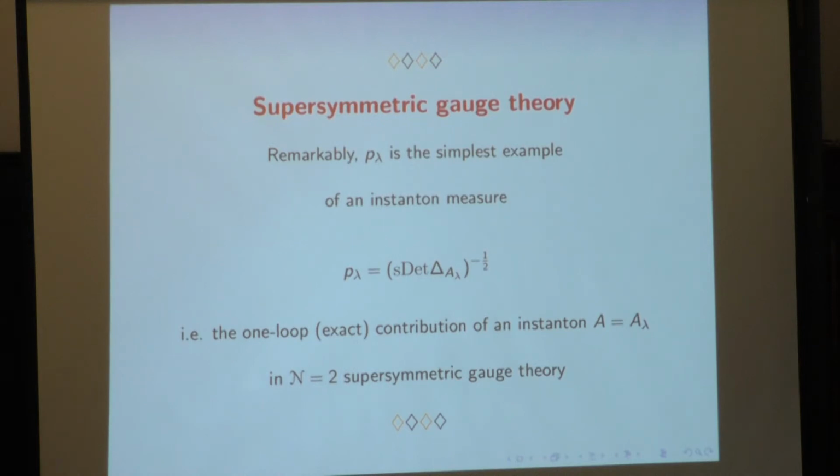If you have a solution of the self-duality equations in 4 dimensions, and you evaluate the one-loop contribution by integrating out the fluctuations around the solution, for a suitably deformed gauge theory, the ratio of determinants, I wrote here a superdeterminant for the super Yang-Mills theory, will turn out to be exactly this Plancherel measure.